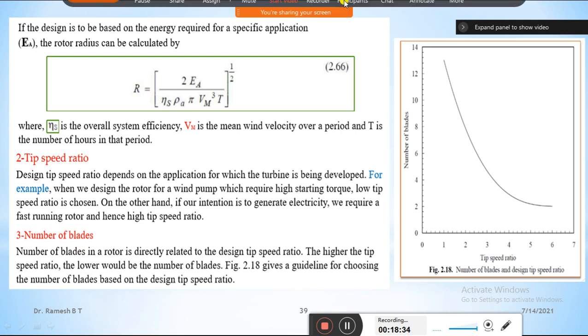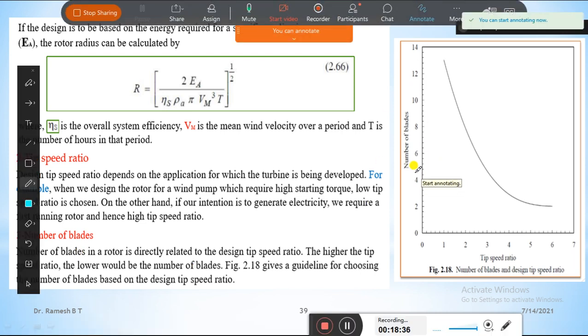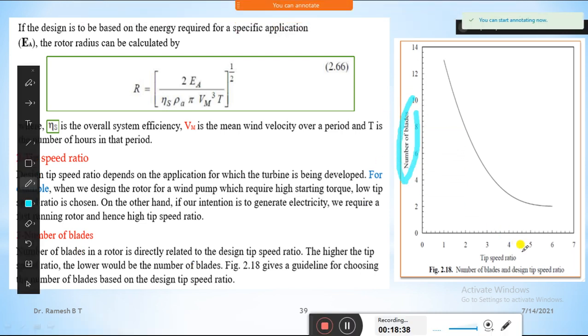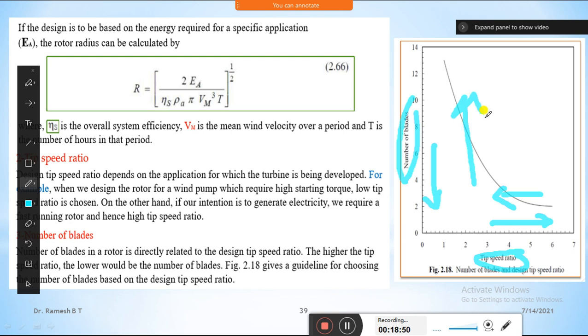You just observe the graph: number of blades versus tip speed ratio. If tip speed ratio increases, number of blades decreases, and if tip speed ratio decreases, number of blades increases. So by choosing the proper tip speed ratio and proper number of blades, we can go with the optimum generation of power.